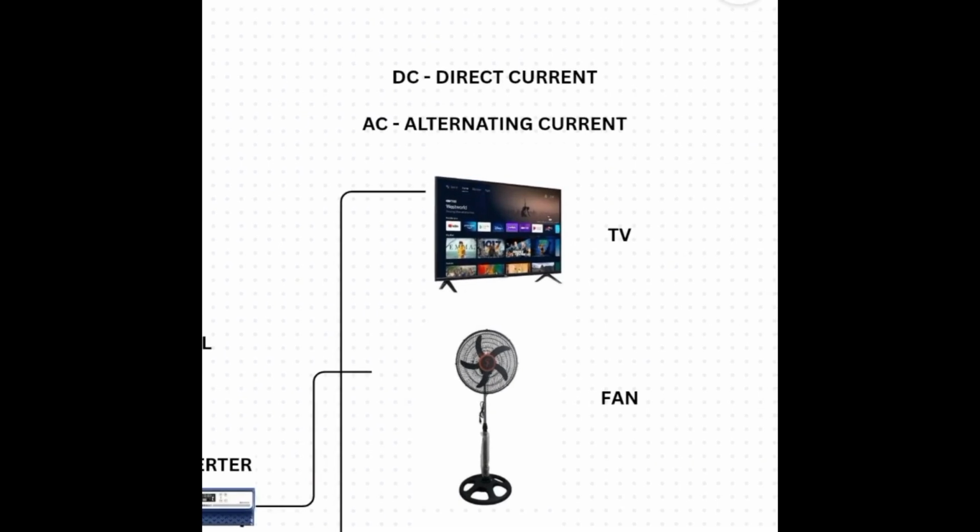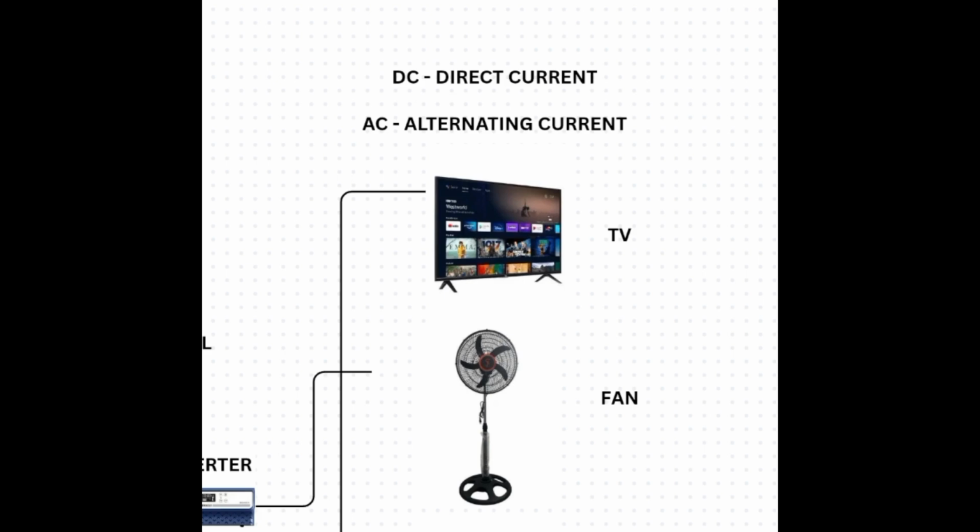There is something called DC current, and there's something called alternating current. Most of our appliances at home, like our TV, fan, microwave, freezer, all work with alternating current. They are powered by alternating current. They cannot be powered by DC. They can only be powered by AC.